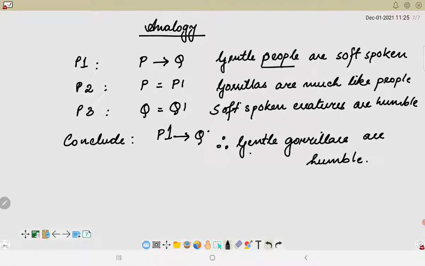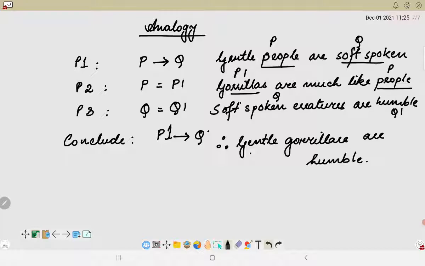People I am considering as P and soft spoken as Q. Gorillas is P1, and we already have P here, and this is Q. Then soft spoken creatures we will consider as Q, soft spoken Q, and humble as Q1.